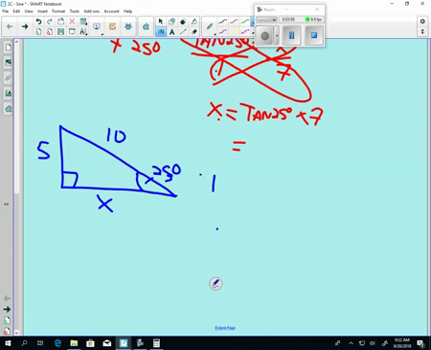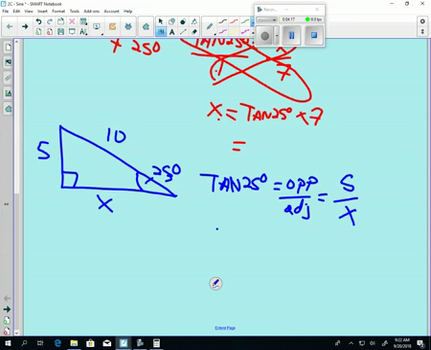So I set this up again. Tan is equal to my opposite side over my adjacent, O over A. My opposite side is 5, but my adjacent side, the unknown, is on the bottom.